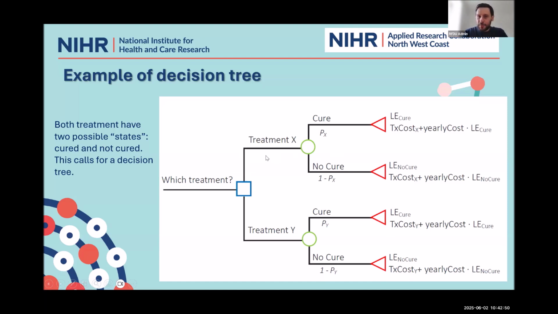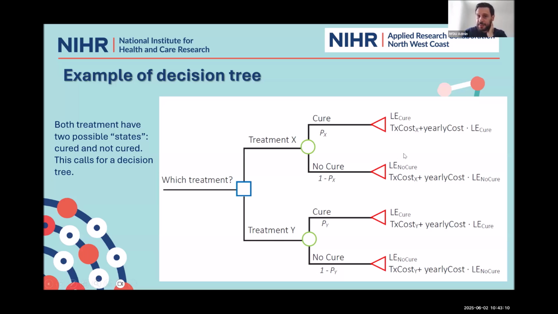Depending on the pathway, you as a patient will accrue some costs and outcomes. For example, if you get cured, you will have a certain life expectancy, okay? And similarly, if you don't get cured, you will have potentially a lower life expectancy, okay?